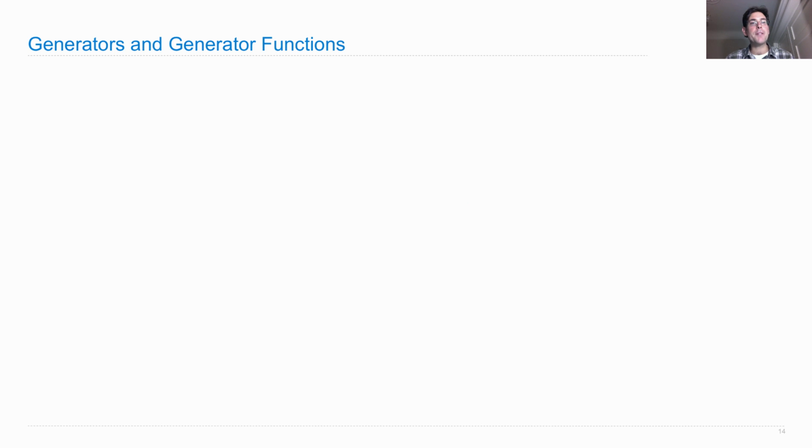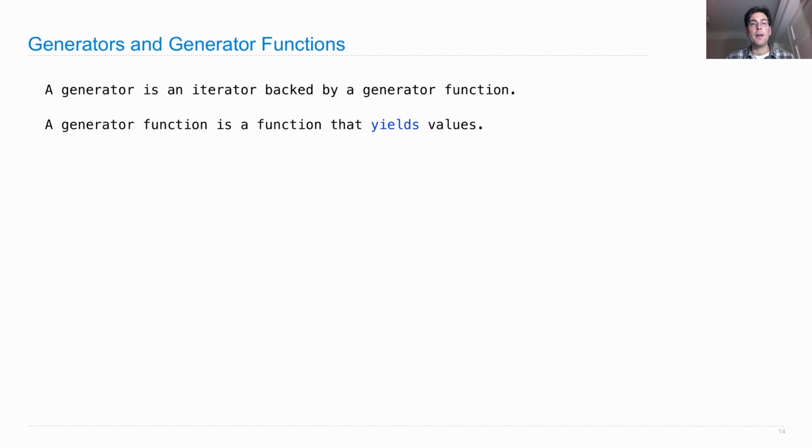So here's the story of generators and generator functions. A generator is an iterator. It's a special type of iterator that's backed by a generator function. A generator function is something you can recognize because it uses the keyword yield to yield multiple values.